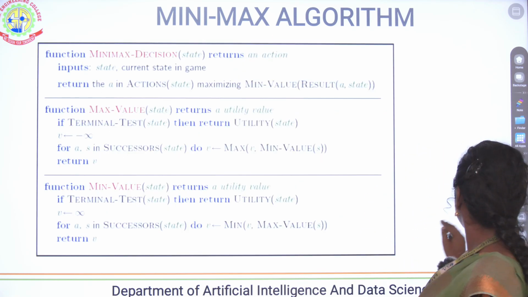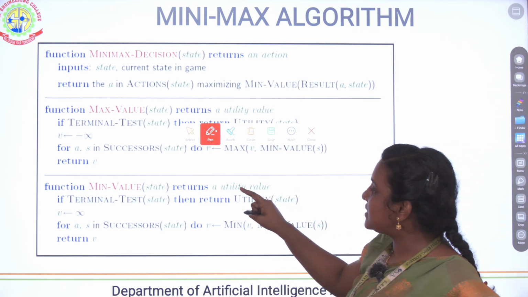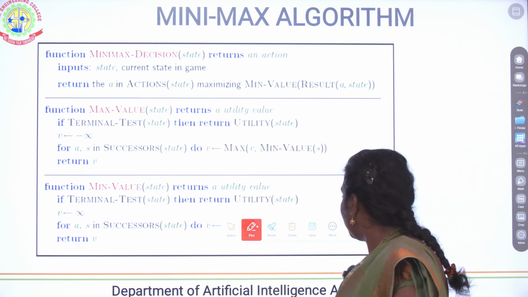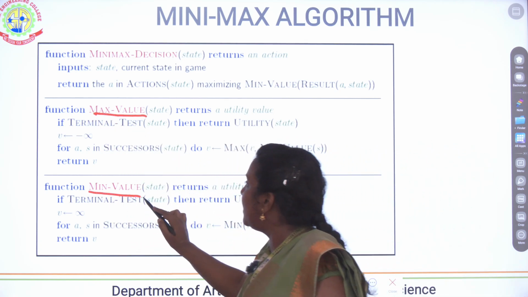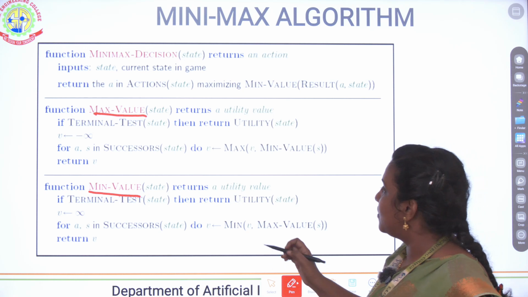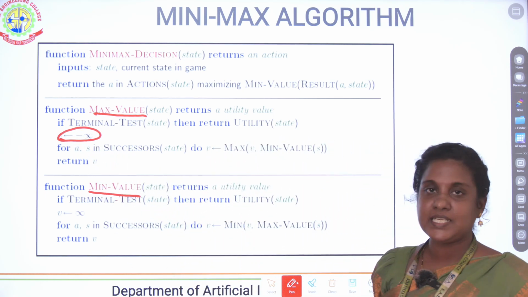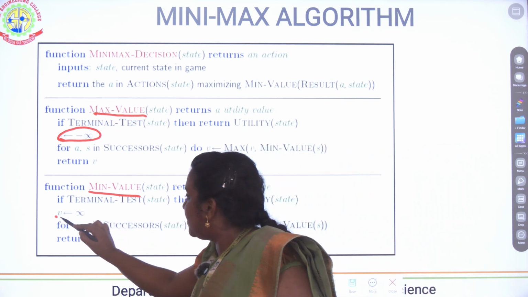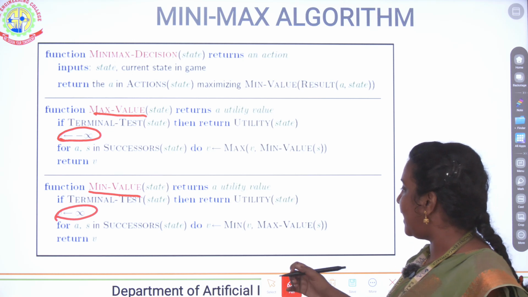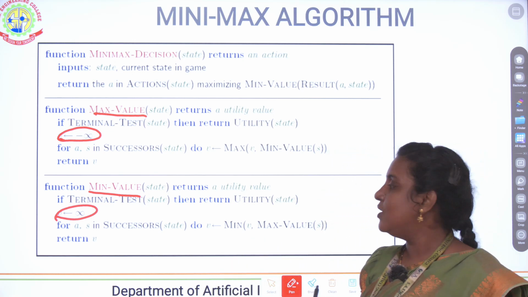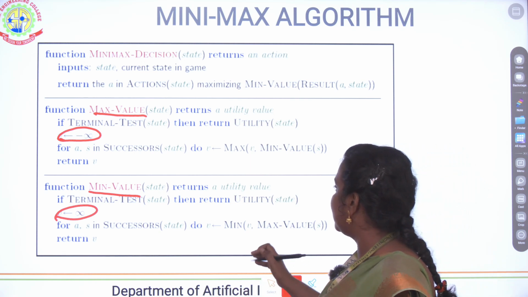So this is the algorithm where we have the max player and the min player. We will have two functions, for max and min. Initially the max value will be -infinity and the min value will be +infinity, and as the game proceeds, the max value and min value change accordingly.